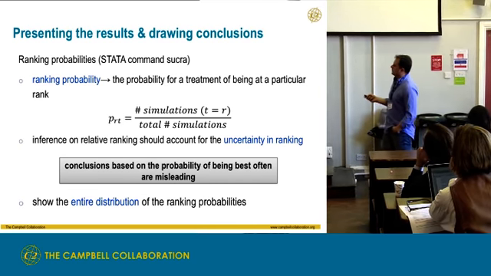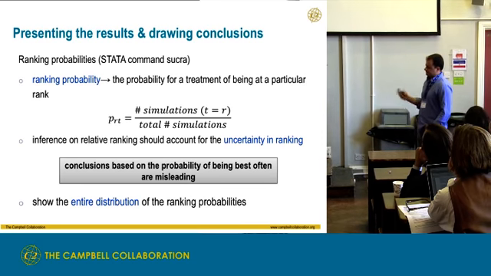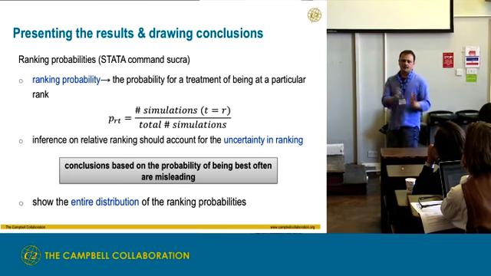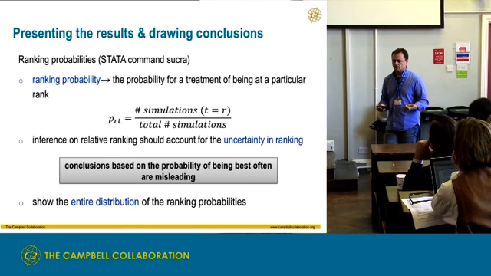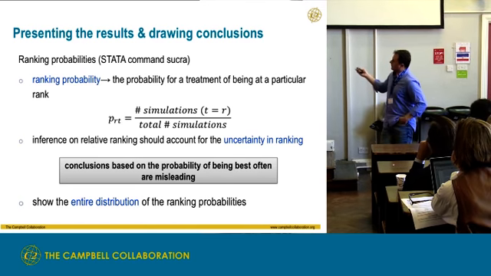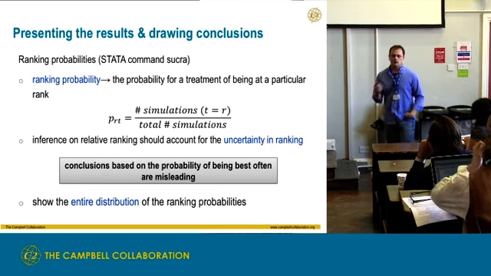So we can estimate the probabilities of being the best, and until recently that was routinely done. But this ignores uncertainty in ranking.